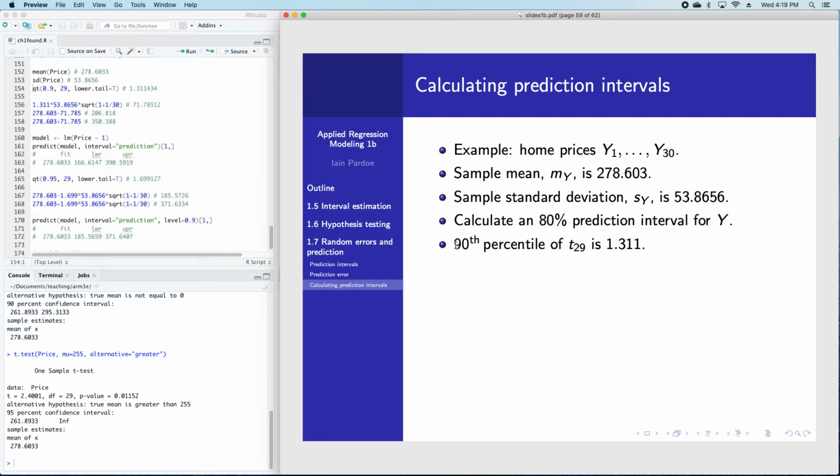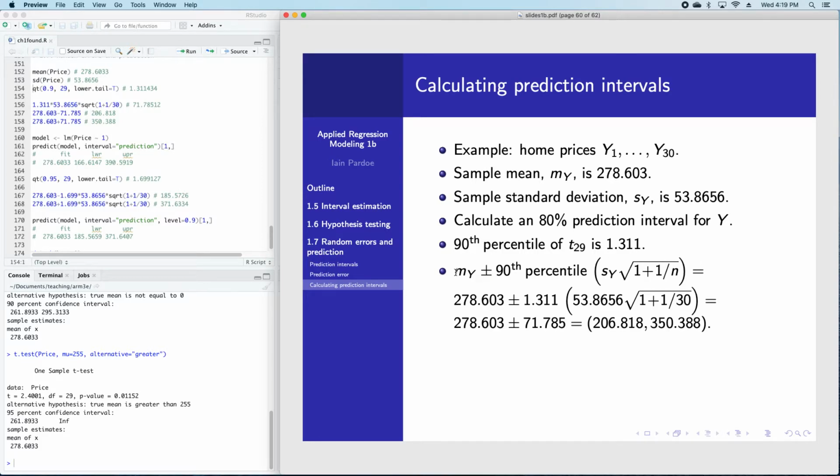If you forget why we have to use the 90th percentile for an 80% interval, go back and review the video on confidence intervals, because we talked about that in that video. And so now I have all the numbers I need to plug into my formula. Here's my formula, and I just plug in all the numbers: sample mean, the percentile, the standard deviation, the sample size.